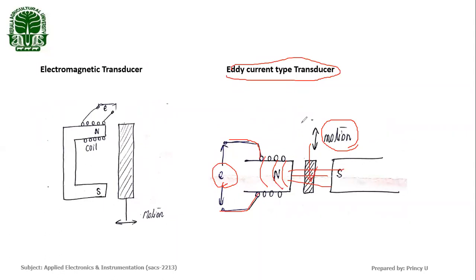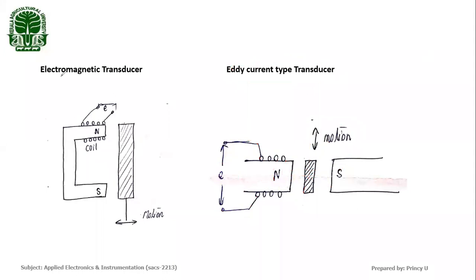So if we want to measure a physical displacement or vertical motion, we connect that to this non-ferrous material which moves within the magnetic field. So when we wind a coil on the permanent magnet and take an output at the end of this coil, we get an output voltage which is proportional to the motion attached to this plate. So these are the electromagnetic type transducers.